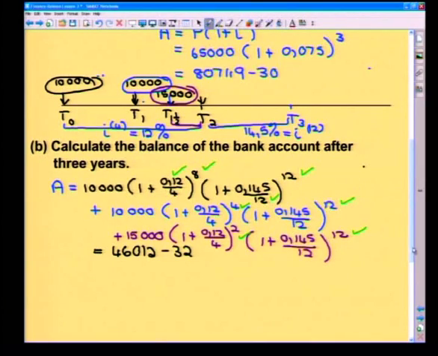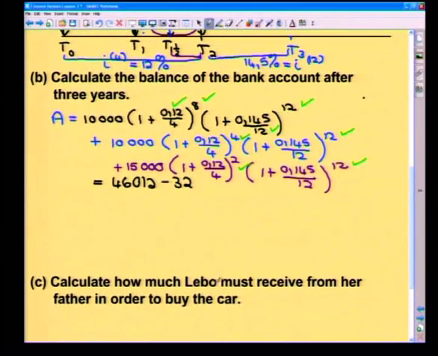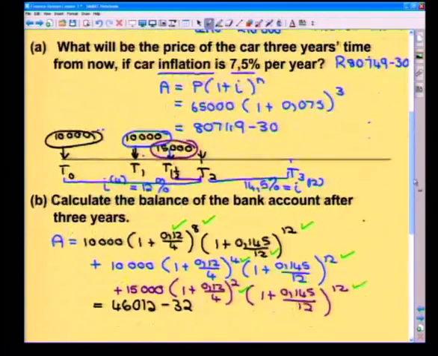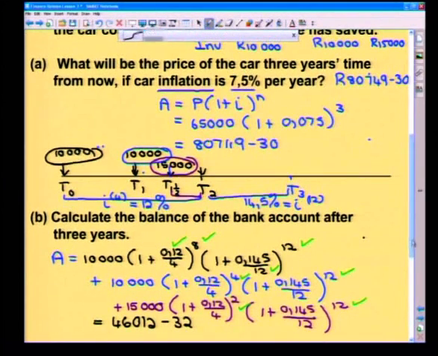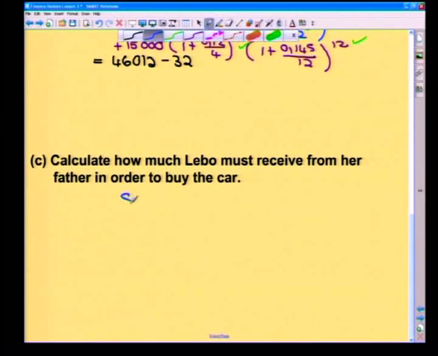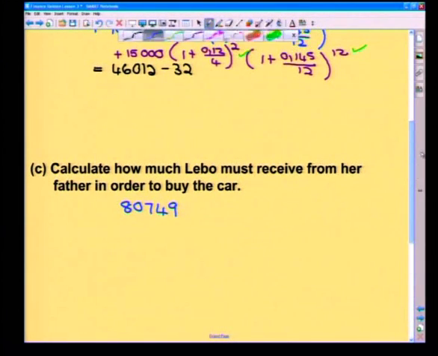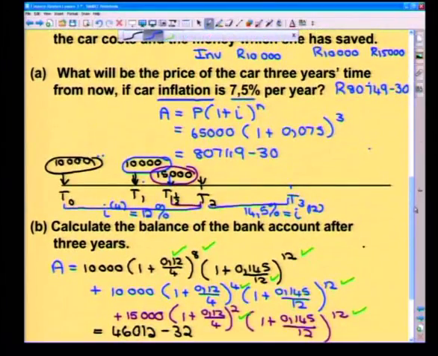Now the last question says, calculate how much Lebo must receive from her father in order to buy her car. Well, what we're going to do is go up here and see what the car is costing her, which is 8749, and the cents is 30 cents.